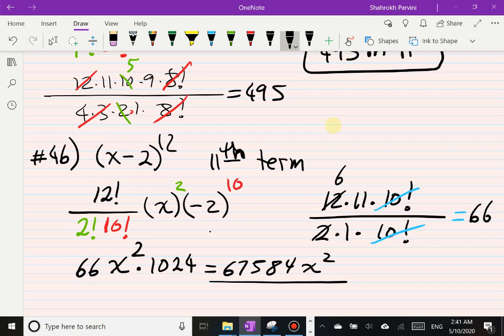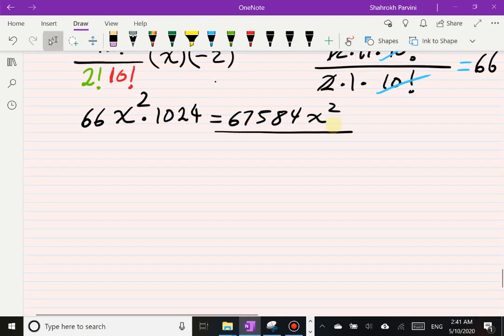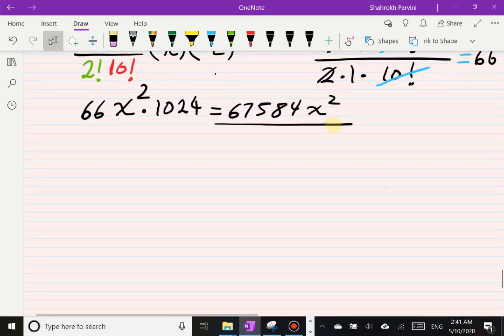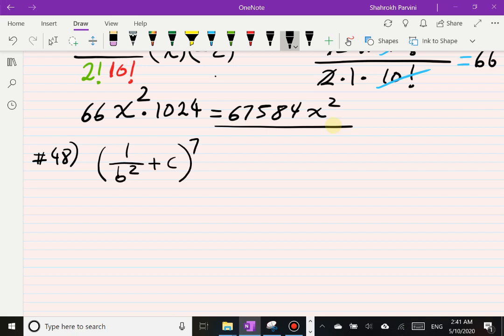Cool, huh? Now let's take a look at the last one. This will be exercise number 48. In number 48, we have 1 over b squared plus c to the 7th power. The question asks you to find the value of the 4th term, see, a single term.